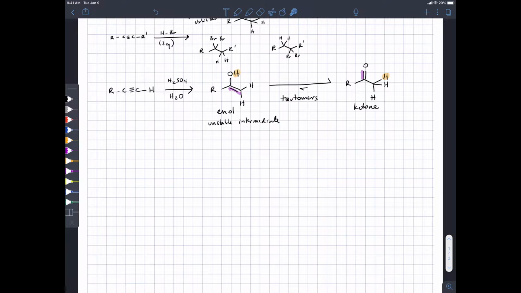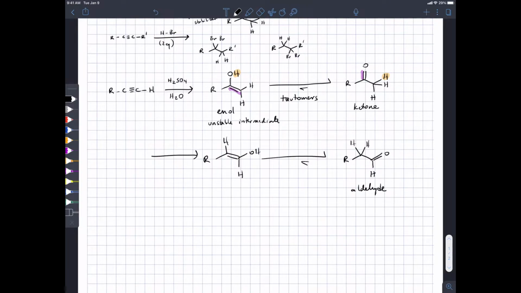Now, suppose instead of the ketone product, suppose you wanted the oxygen to end up on the less substituted carbon. That is, suppose you wanted to make an enol that looked like this, and then when you did the isomerization process, you would get the aldehyde instead of the ketone.